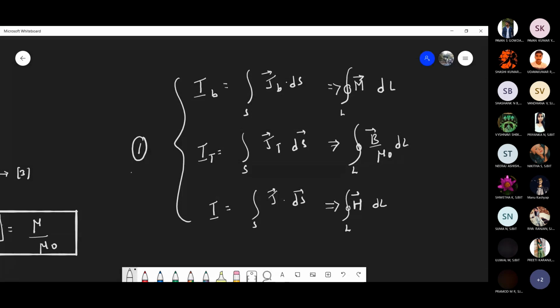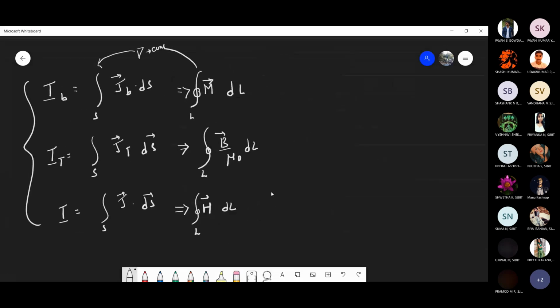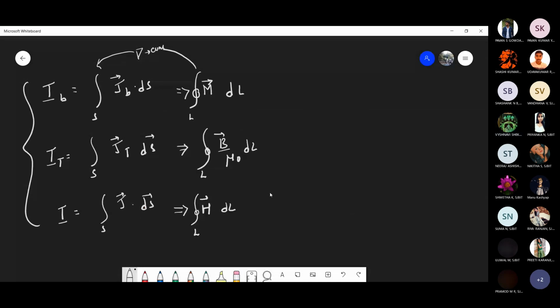Now what is the relationship with the curl here? How do you convert the line integral to a surface integral? Introduce curl, right? Can I equate this to the surface integral of curl of M dS?